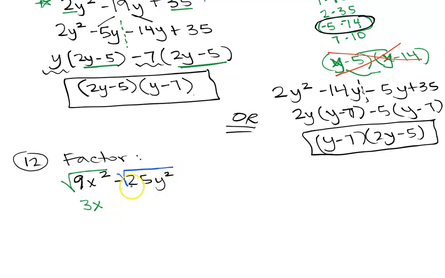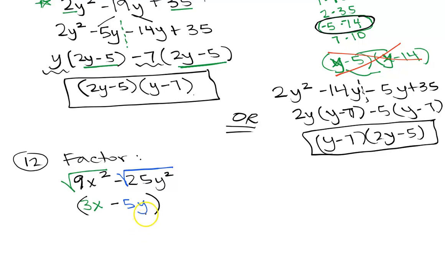Then you're going to get square root of 25 is 5, square root of y squared is y, and then I need that to be negative inside there. And so when I'm doing a difference of squares, one of my factors is going to be like this, right?